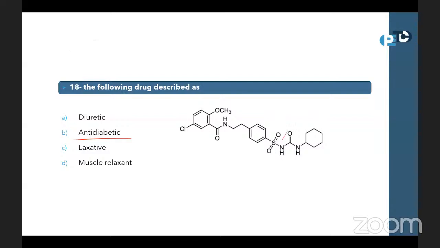The main part of this structure here is the urea structure: C double bond O attached to two N atoms. This is the urea. And this one is a sulfonamide structure. So we have a sulfonylurea. Sulfonylureas are antidiabetic agents.